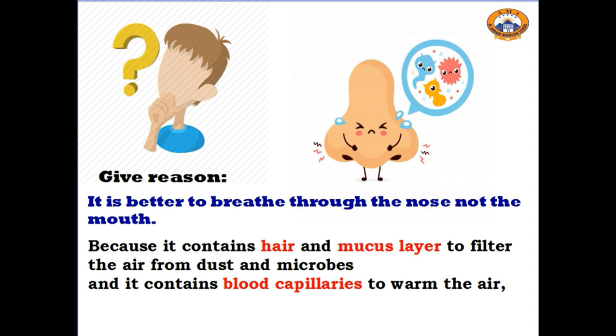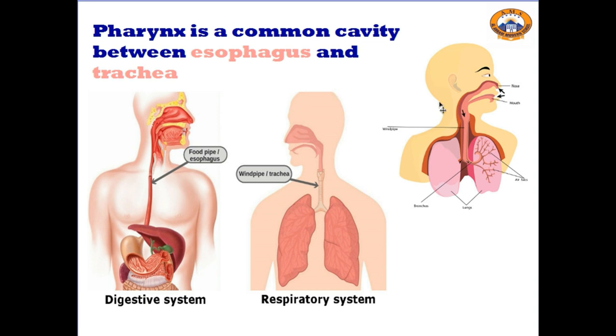Now, do you remember the organ that comes after the nose? Yes, it's the pharynx. The pharynx is a common cavity that is present in both systems, the digestive system and the respiratory system.